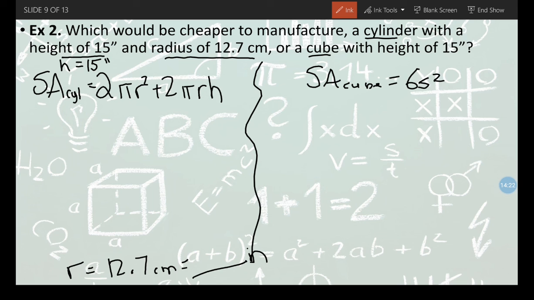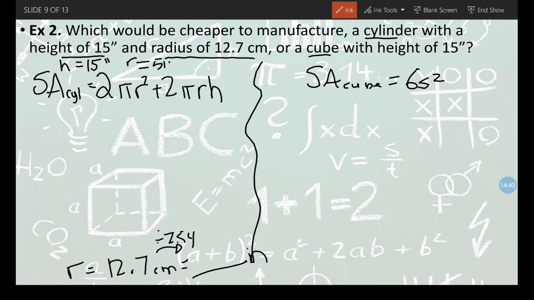From our previous lesson, we know that in 1 inch there are 2.54 centimeters, so I have to divide by 2.54. 12.7 divided by 2.54 means the radius is equal to 5 inches.